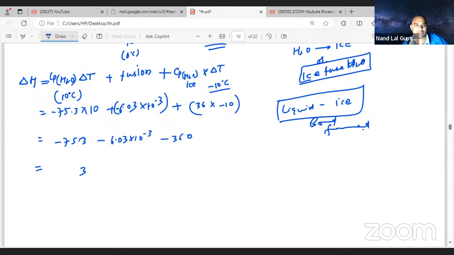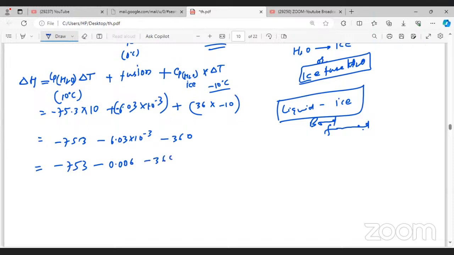What can we do with this value? If I solve this a little bit more, let me go back. Minus 753. Then if you are solving, this will be the negative term. 0.006, minus 360.